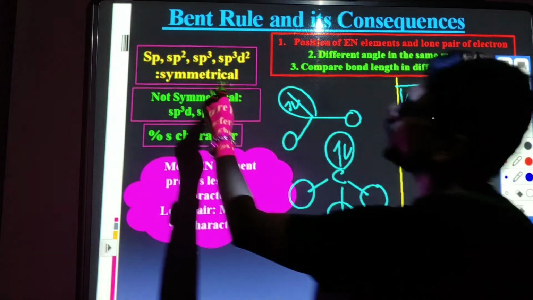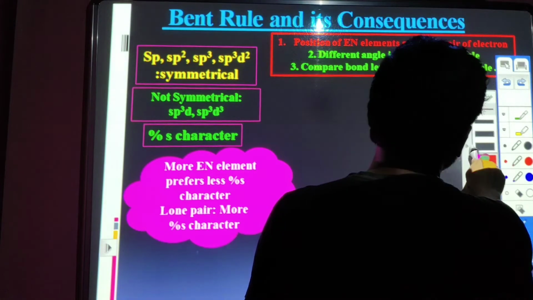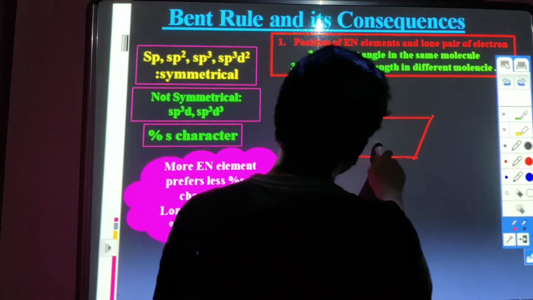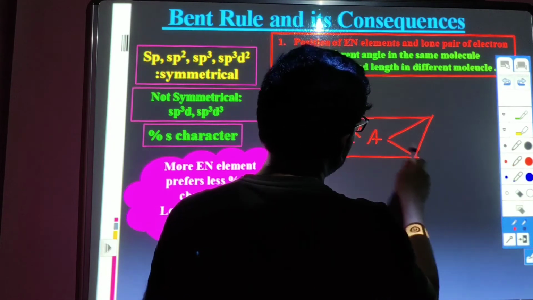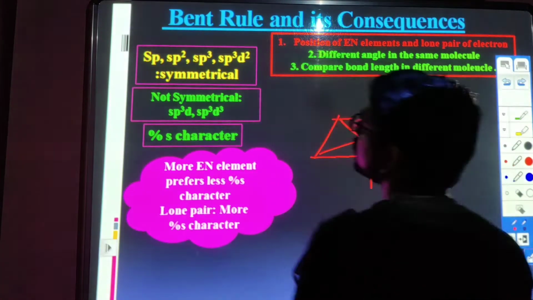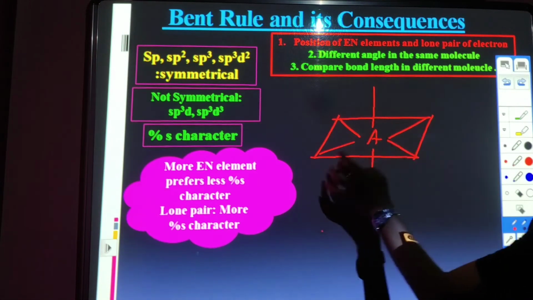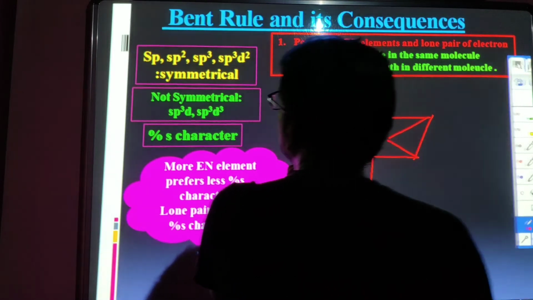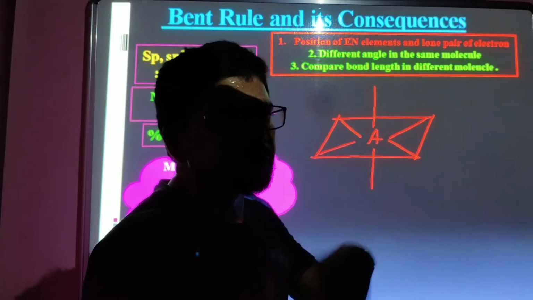For sp3d2, the geometry is like this. Say this is A, the central atom. This is the sp3d2 hybridized orbital, six hybridized orbitals: 1, 2, 3, 4, 5, 6. Now, lone pair and bond pair you cannot put arbitrarily anywhere.